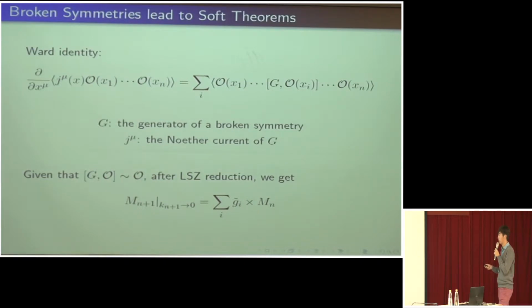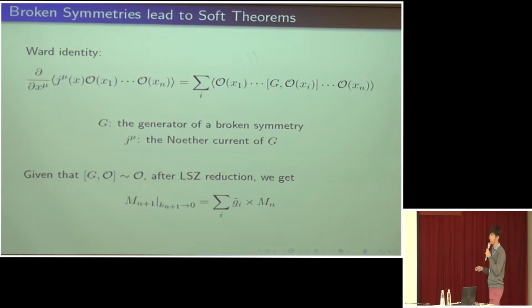Okay, if we have the commutator of G and the field proportional to the field, then there's this soft theorem, where the soft vector here is the summation of the G_i tilde. G_i tilde is the proportional vector here, Fourier transformed. Okay.